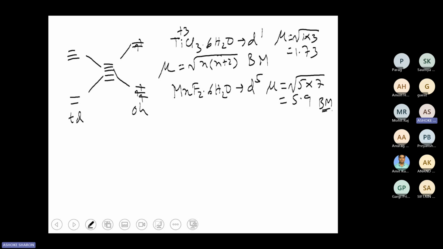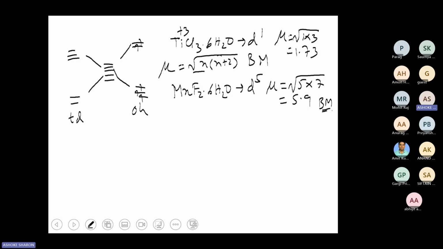So what we find here in this case, for titanium Cl3·6H2O, first we calculate the value of unpaired electrons in the metal. Titanium 3 plus means it is a d1 system, so we get the number of electrons as one.